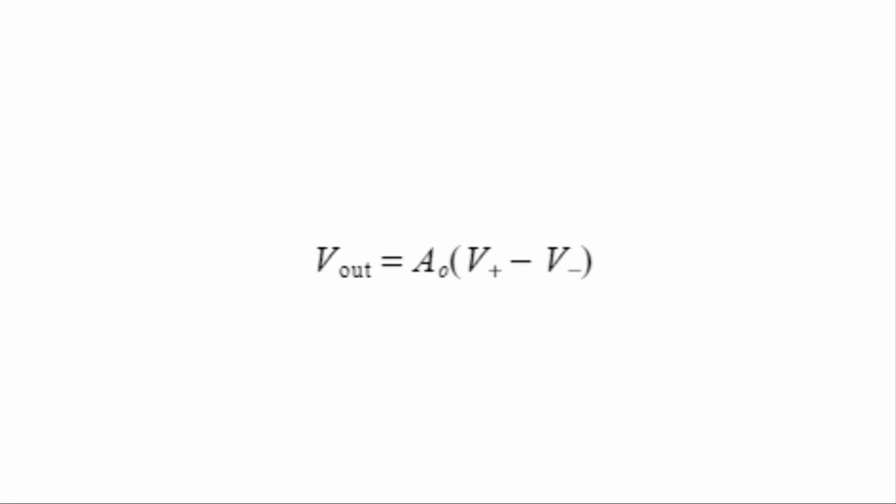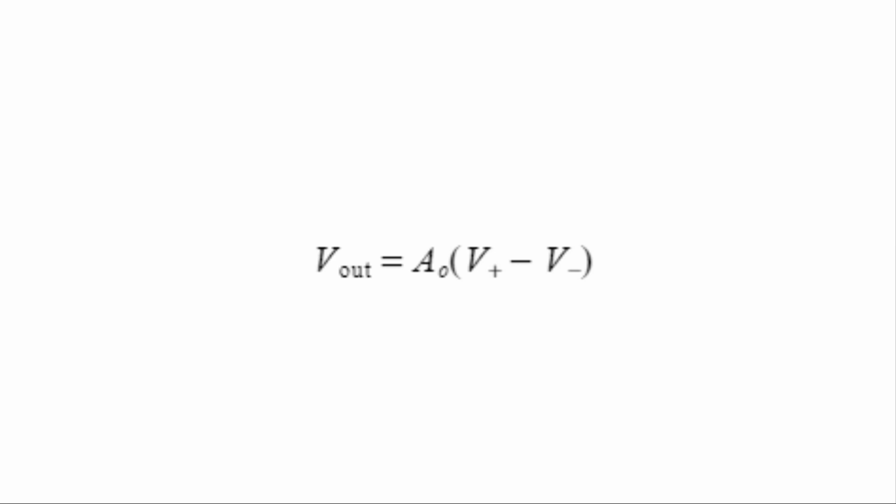To give meaning to the open-loop voltage gain expression and to the ideal and real circuits, the values of AO, R in, and R out are defined with some rules. For an ideal op-amp, the open-loop voltage gain is infinite. For a real op-amp, though, it has a finite value, typically between 10,000 and 1 million. Rule 2, for an ideal op-amp, the input impedance is also infinite.